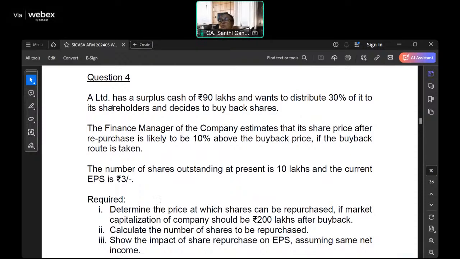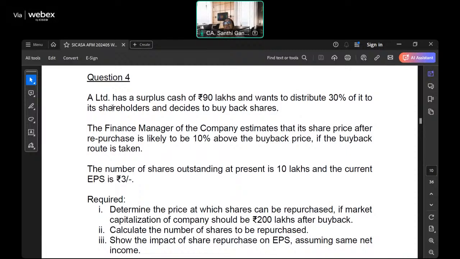Now, what do we know about buyback? Why companies go for buyback? There are many reasons why companies can go for buyback. When companies want to signal that their shares are undervalued by the market, they will go for buyback.